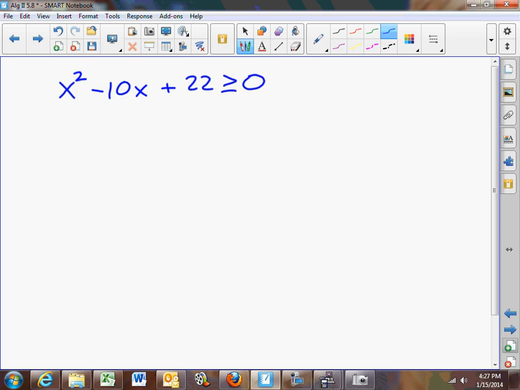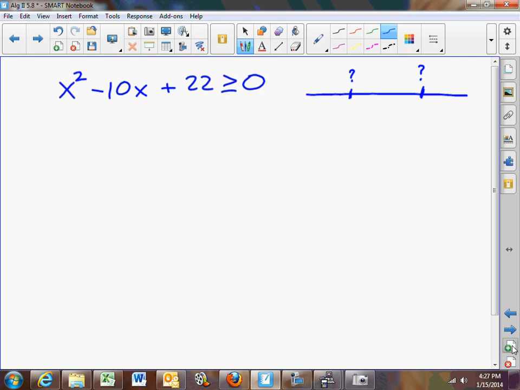Now, the idea is this is a quadratic polynomial, and it has as its graph a parabola. But what we're really interested in is where this graph crosses the x-axis. In other words, where the zeros are.